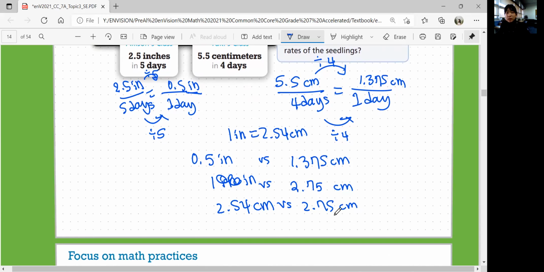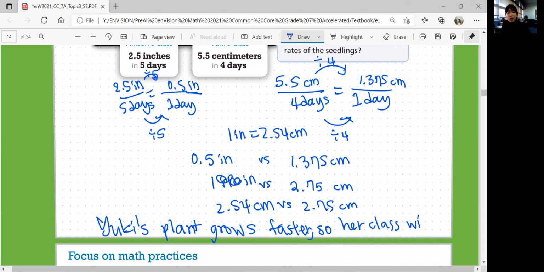Yuki's is greater, 2.75 is greater. So you can say Yuki's plant grows faster. So her class will have the taller plant.